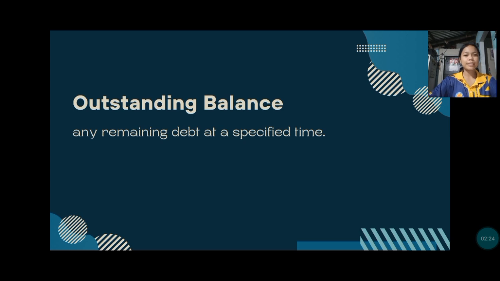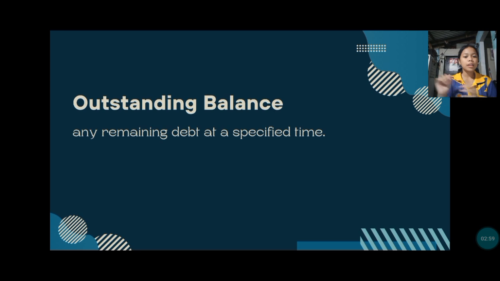Next is the outstanding balance. Outstanding balance is any remaining debt at a specified time. To make it easier to understand, it means the amount of money you still owe on a loan. For example, umutang ka ng 10,000 pesos sa isang bank.